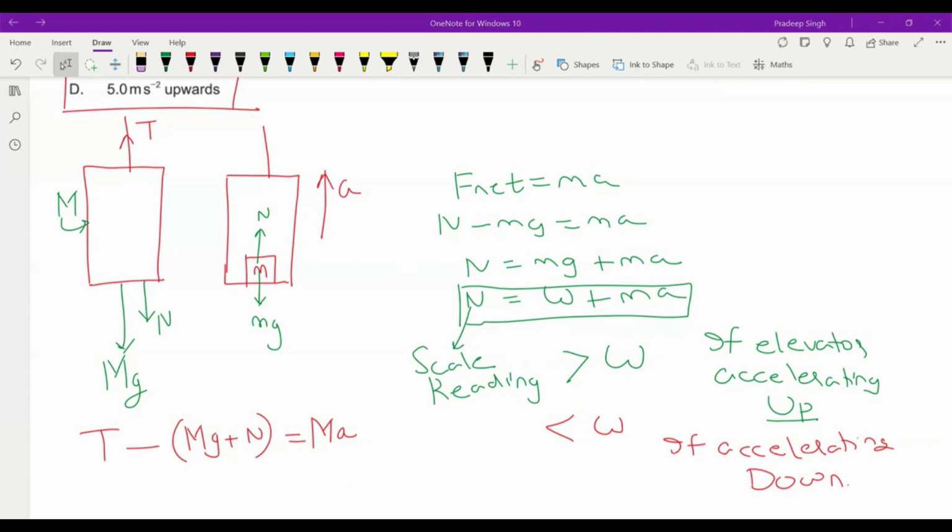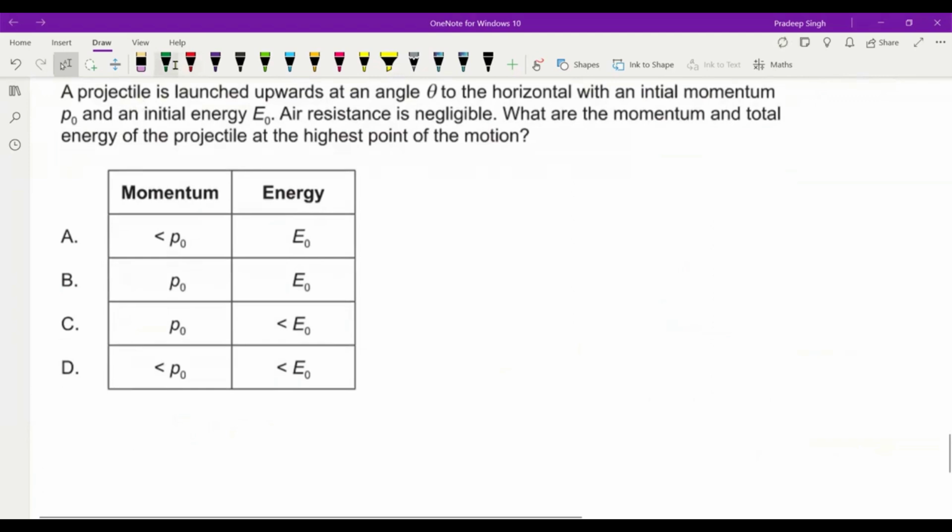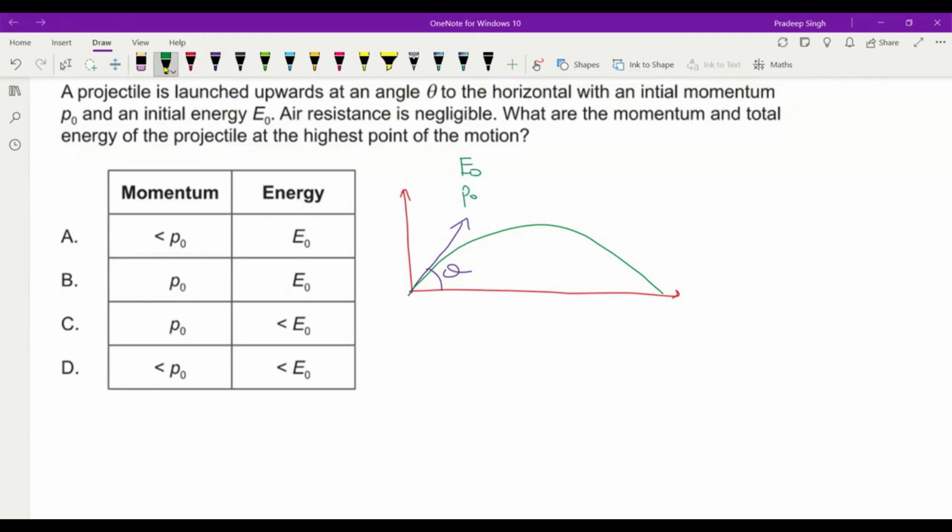Next question is on projectile motion. Try this. Refer to this diagram.